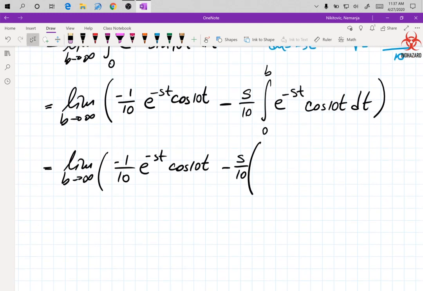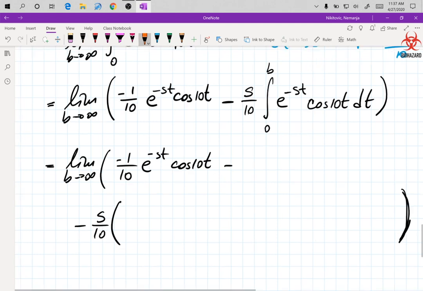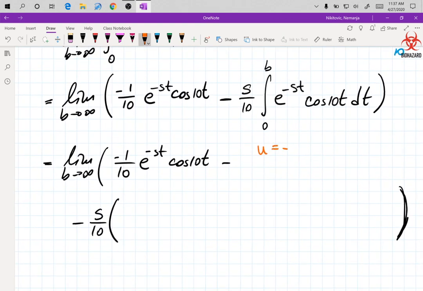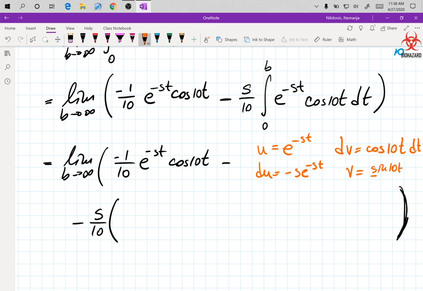Maybe I should just start it here. Minus s over 10 open parentheses, so we can fit another integration by parts, and I am going to go orange here and say u equals e to the negative st, dv equals cosine 10t dt, du equals negative s e to the negative st, and v equals sine 10t over 10.